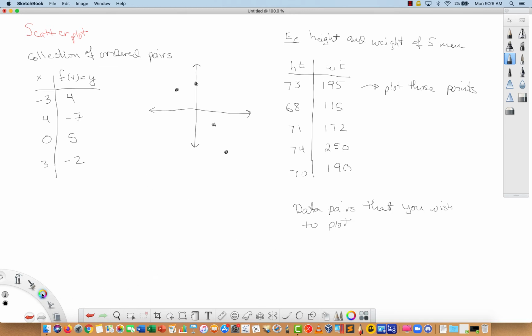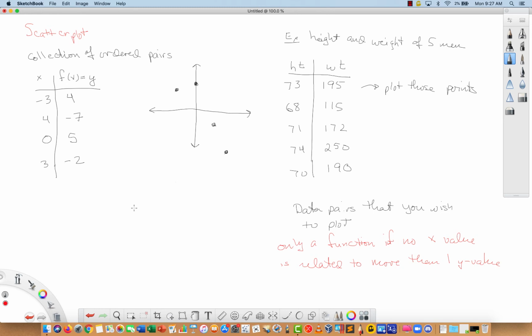What you need to realize is if you've got data pairs, it's only a function if no x value is related to more than one y value. Remember the definition of function, each x value is related to exactly one y value.